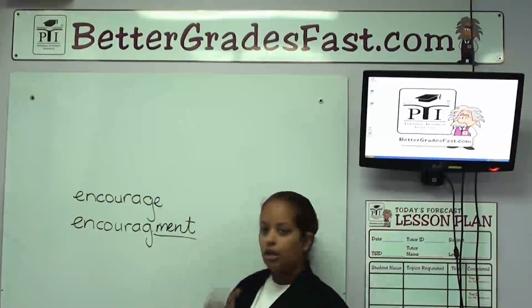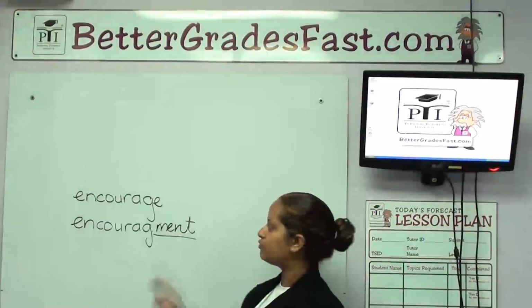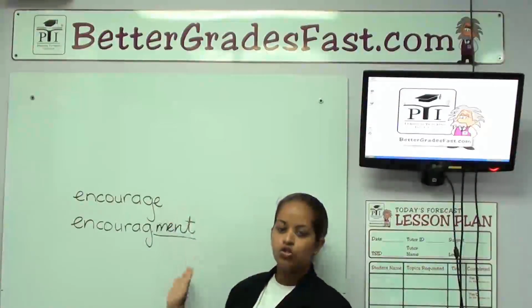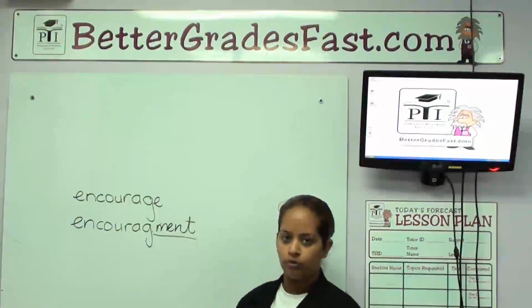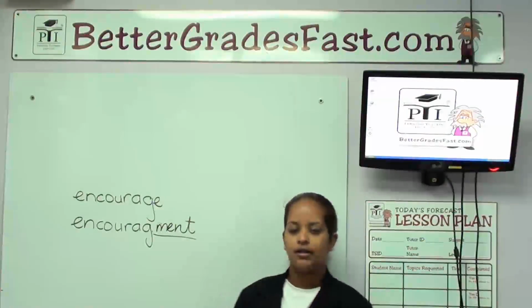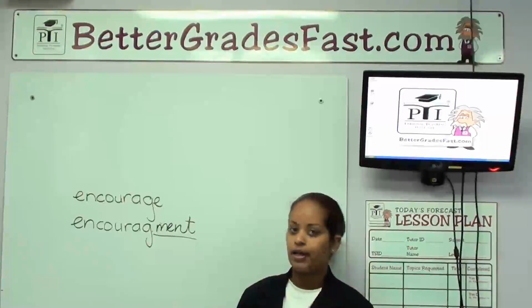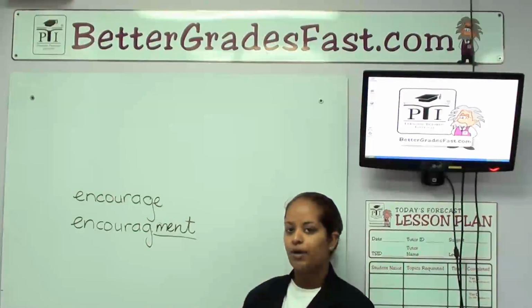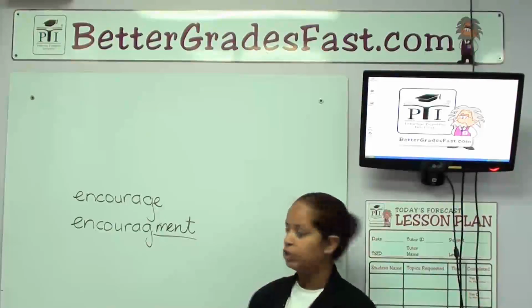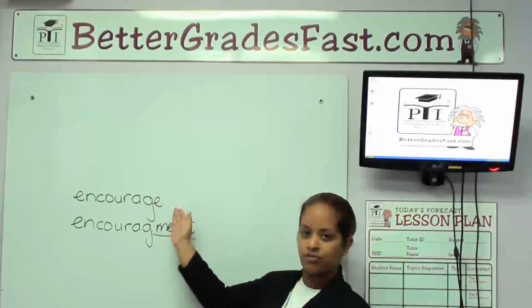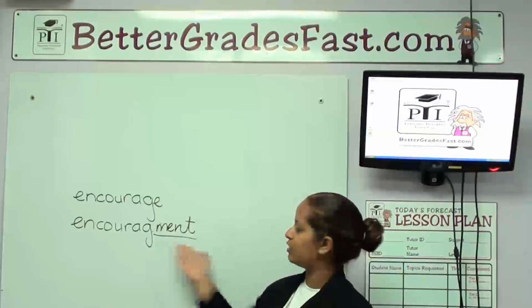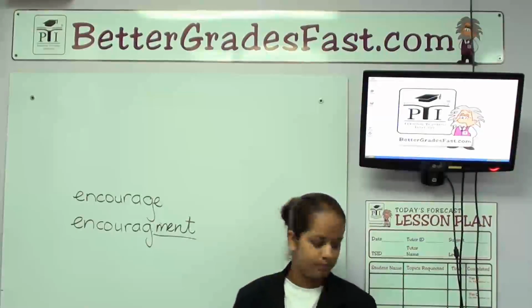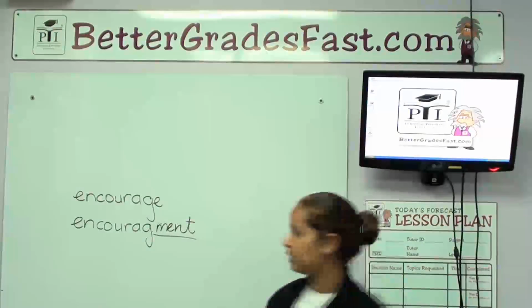Now with this suffix, we have changed a verb to an abstract noun. Remember, when we added the prefixes, we still kept the verb. However, with suffixes, your part of speech always changes. Once a verb, now with the suffix ment, it's a noun. Let me show you some more examples.